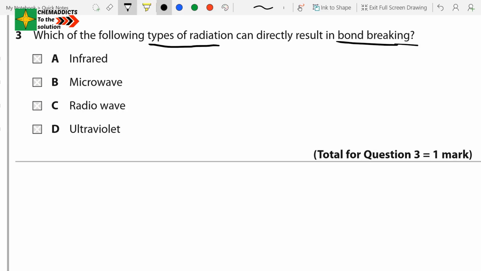If you remember, the reaction between chlorine and alkane requires radiation.